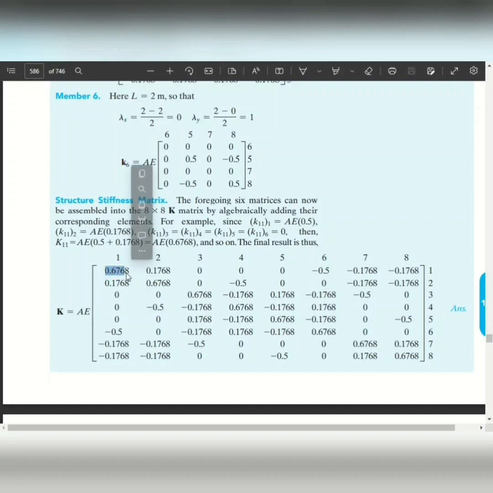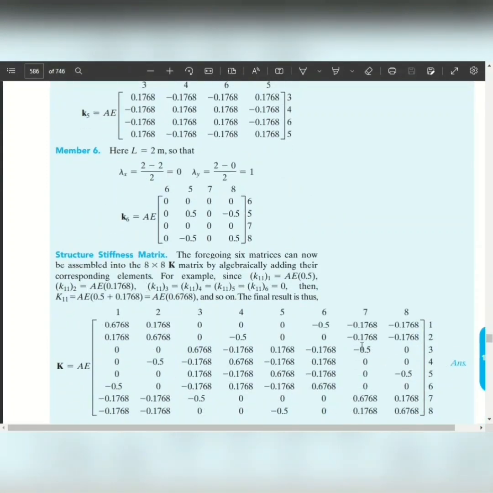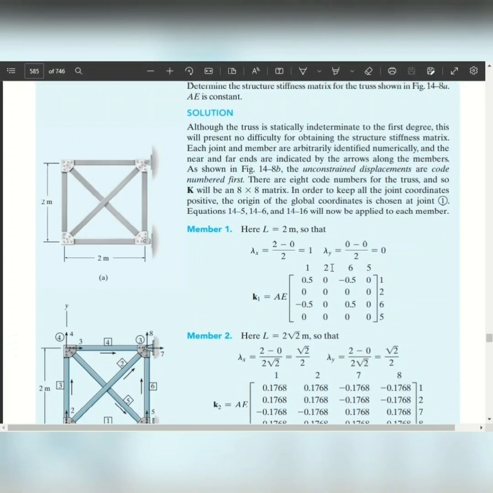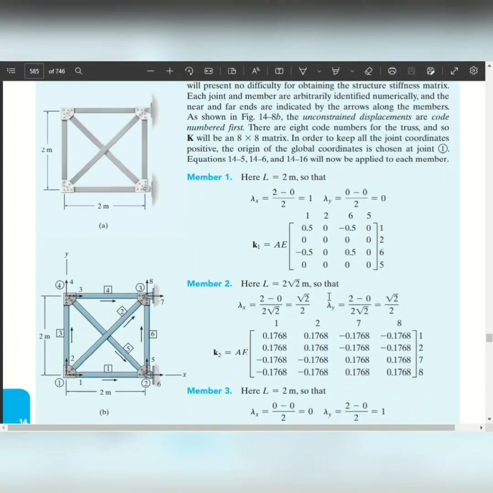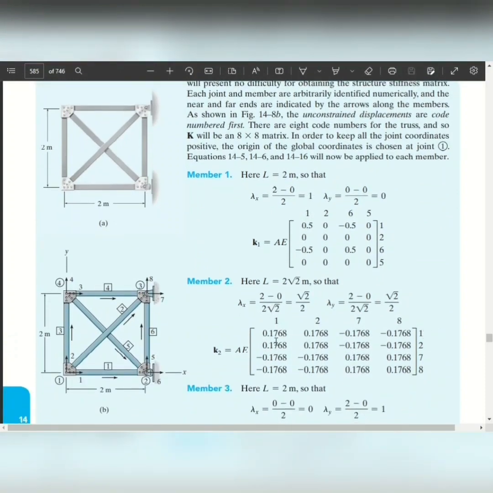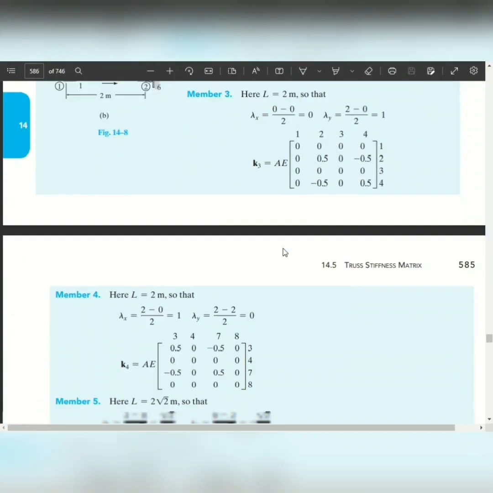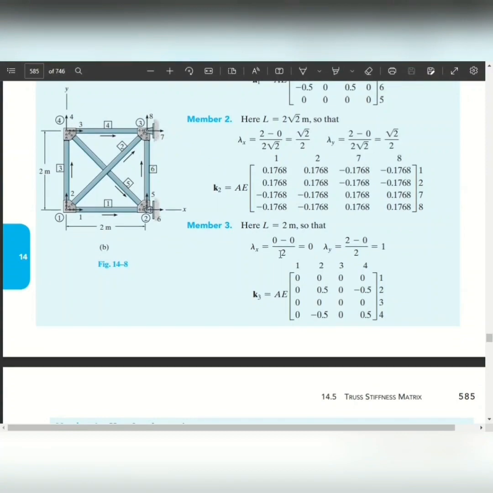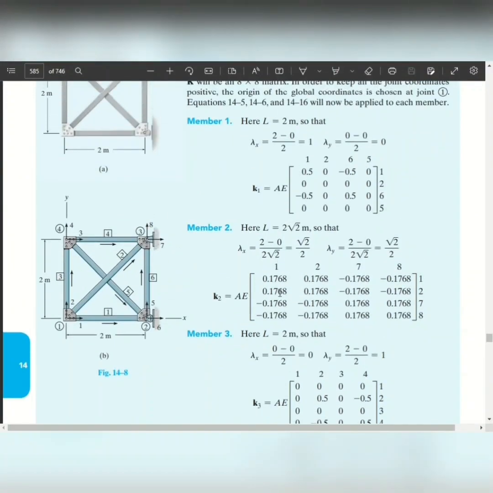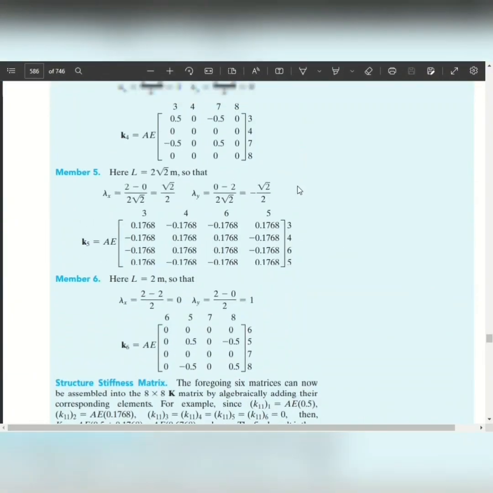So 1 and 1, 0.5, 1 and 1, 0.176, add them.